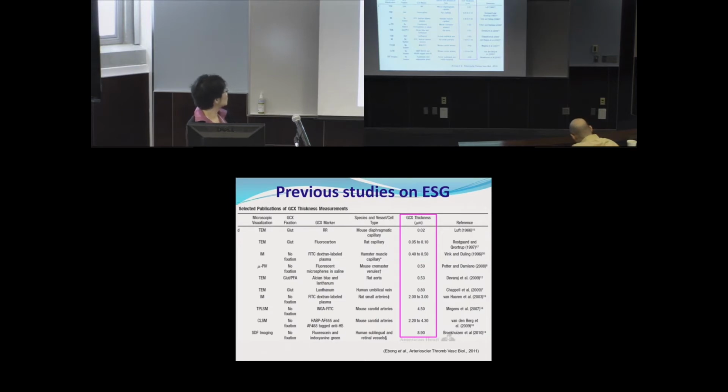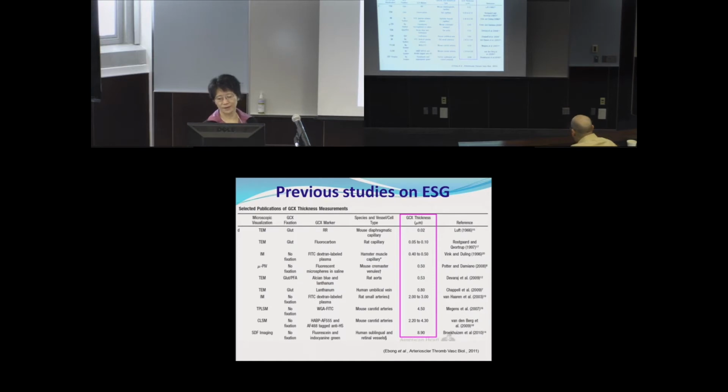And of course, they used different methods, different fixation methods, and visualization methods. They used transmission electron microscopy, micro-PIV, intravital microscopy, confocal, multiphoton, and some other methods. In our current study, we want to know why there is such a huge difference. This is 20 nanometer, this is 8.9 micron, a 1,000 times difference.